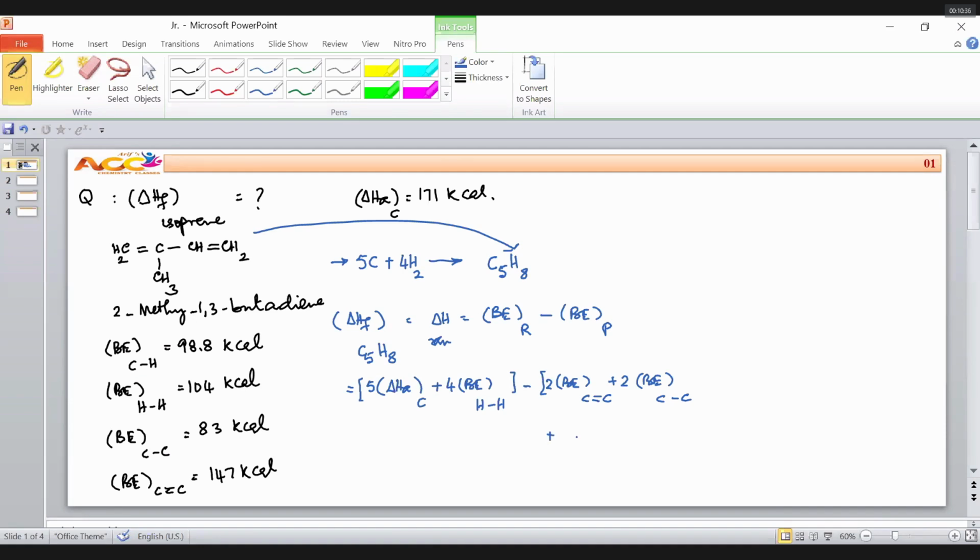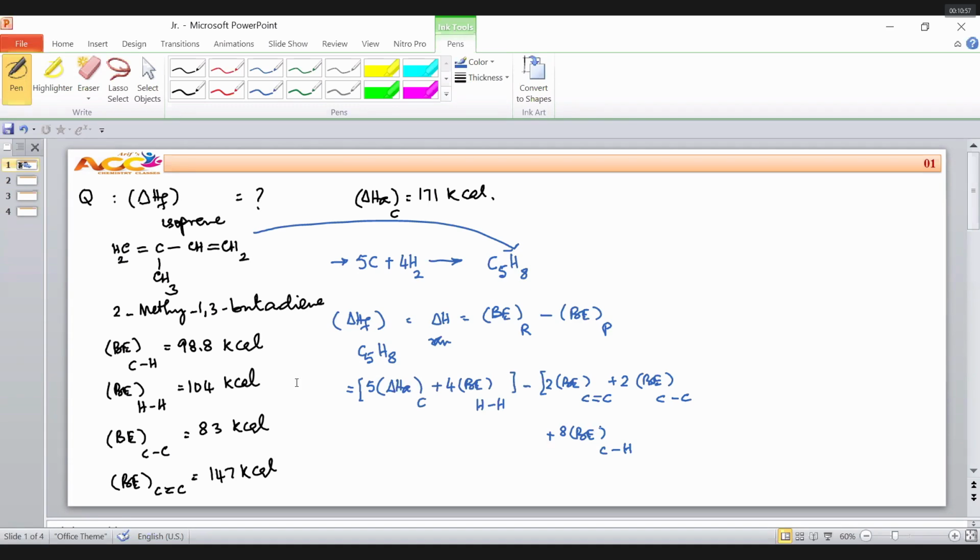Plus bond energy of CH bond: here we have 2, here 3, 5, 6, 7, 8. That means 8 times.